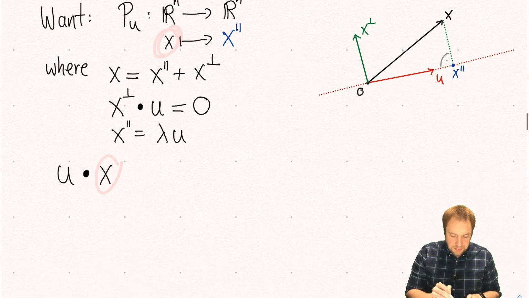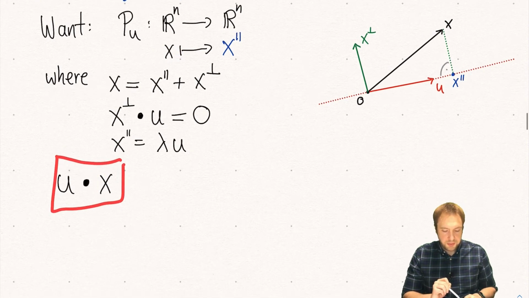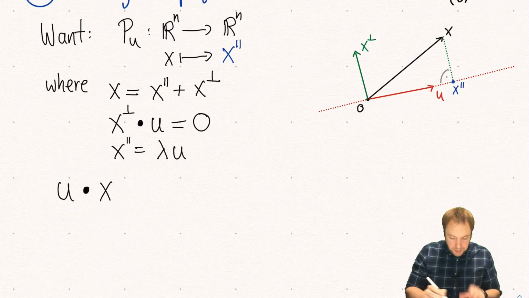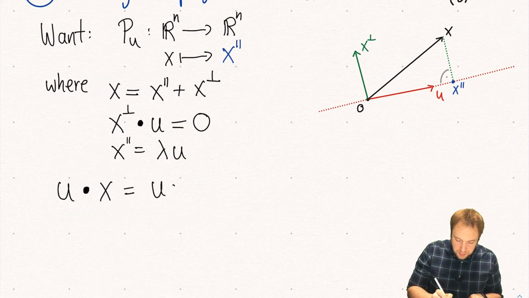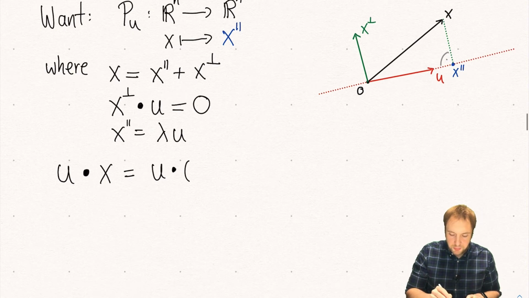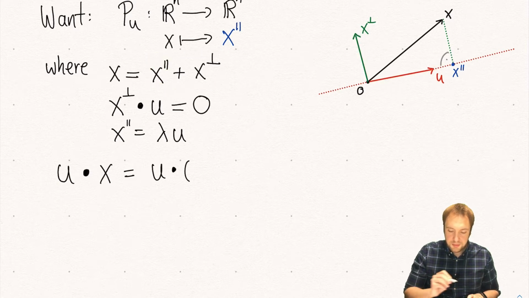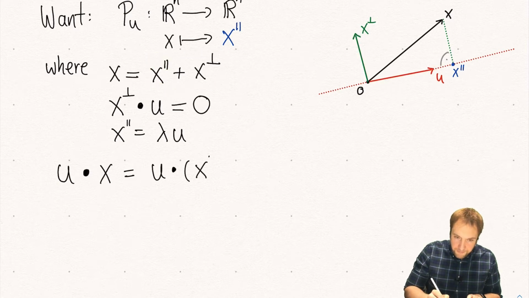And now let's see what the scalar product of these two vectors is, assuming these conditions here. So x should be written as a sum of these two vectors, x parallel plus x orthogonal.